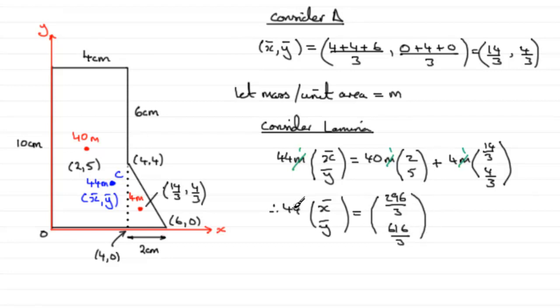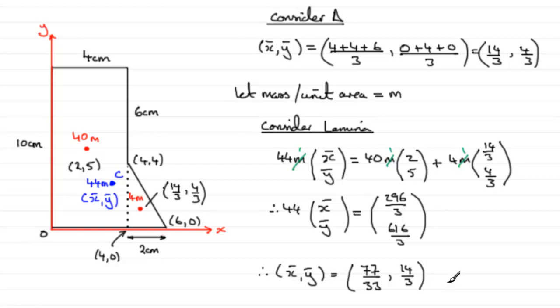Now all we need to do is divide these two values by 44 to get x bar, y bar. And I'll write it as a coordinate now. x bar, y bar would equal, so 296 thirds divided by 44 ends up as 74 over 33. And as for y bar, 616 over 3 divided by 44 gives us 14 thirds.